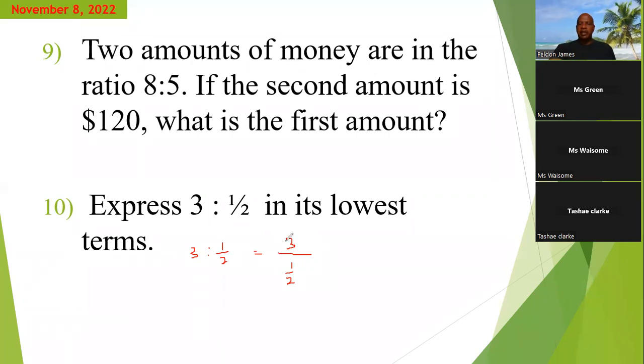From there, we can simplify this, because once you have a numerator and a denominator, which is a fraction, it means that the numerator is divided by the denominator. So we write 3 divided by a half. To simplify this, we do the calculation as when we are doing division of fractions.